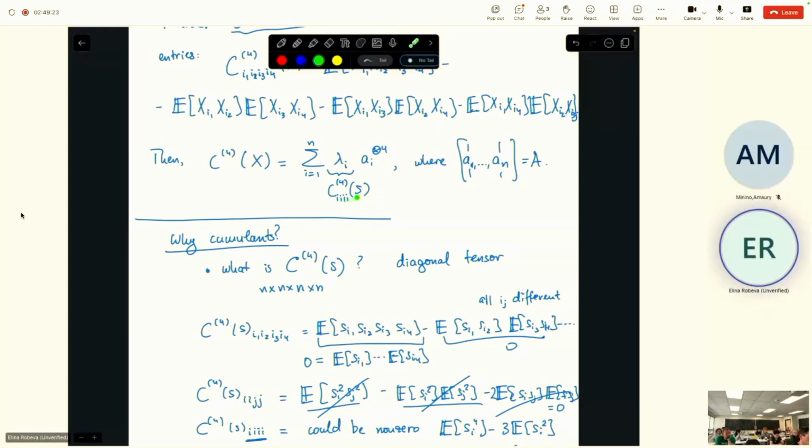The point is that if you have A, then maybe you can decouple your samples. If A is invertible, you can multiply X by A inverse and then get samples from S, for example. Does this answer your question? Yes, thank you.